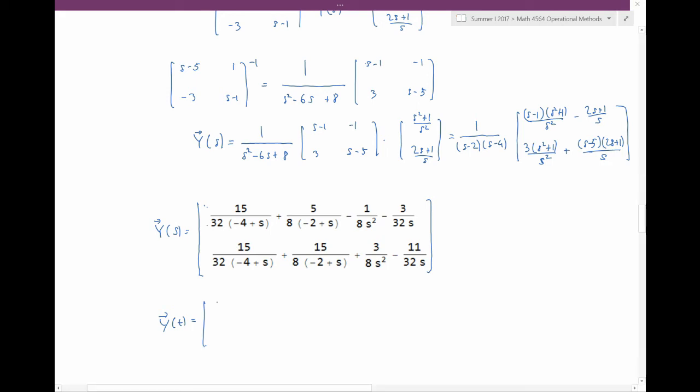So we get 15 over 32 times e to the 4t. We'll also get 5 over 8 of e to the 2t. 1 over s squared belongs to the Laplace transform of t, and 3 over 32s becomes just a constant, or a Heaviside function.